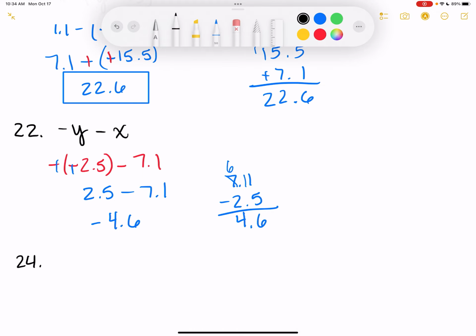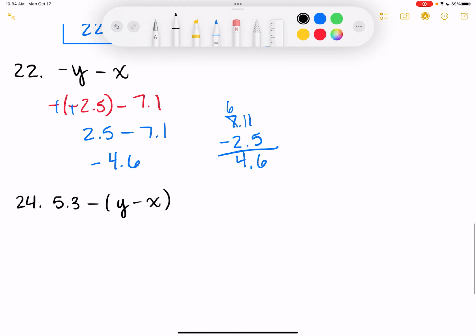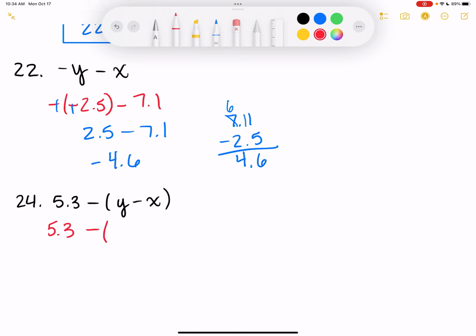24, we've got 5.3 minus parentheses y minus x. So, plugging in the numbers, we've got 5.3 minus parentheses, y is negative 2.5 minus x is 7.1.